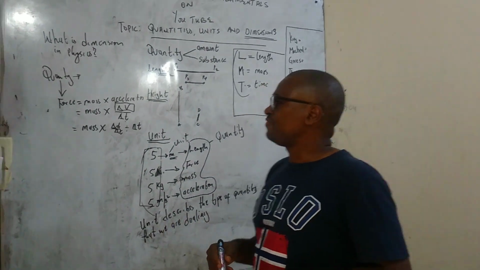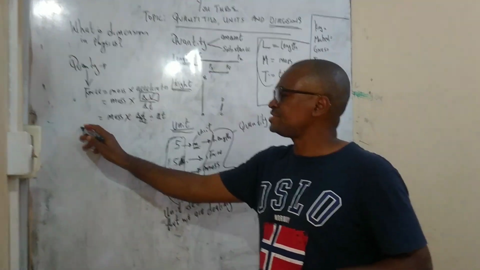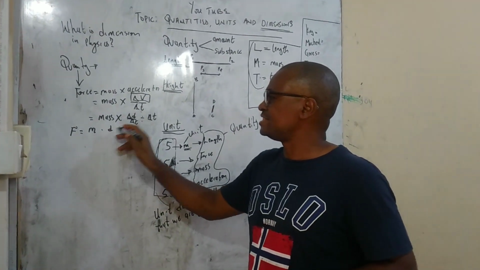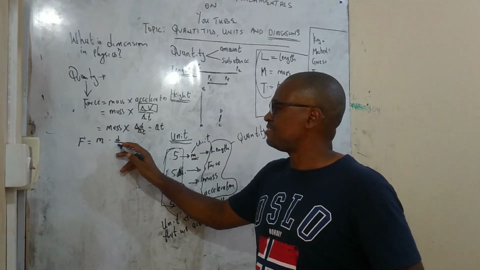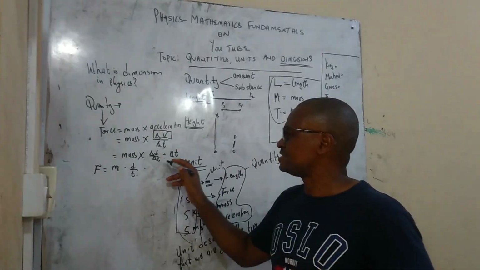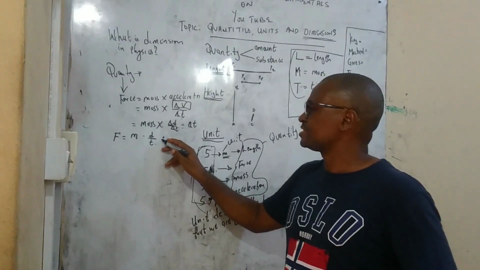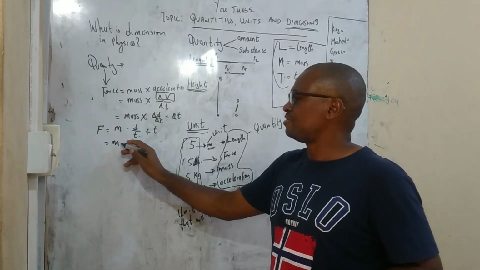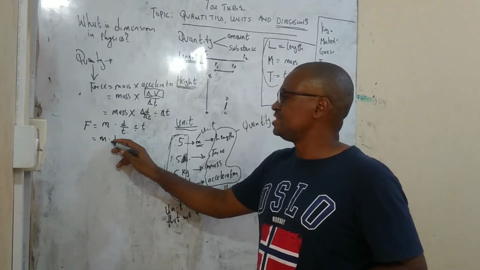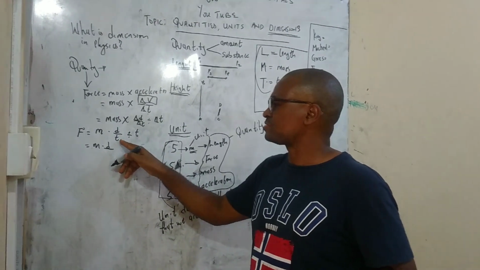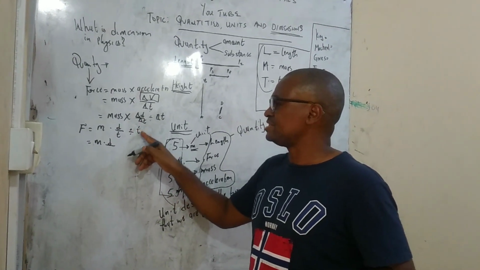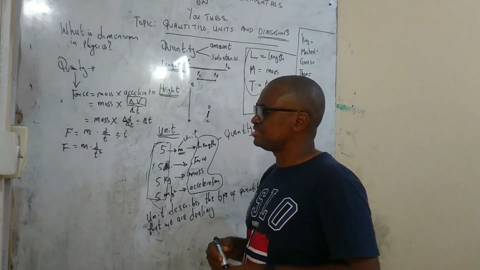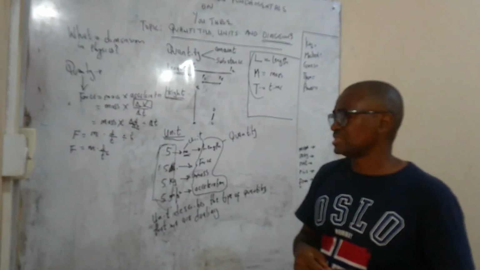So if I want to find F, I can write this as F is equal to m times d, the change in d, divided by t, the change in t, then times 1 divided by this other t. And then from the law of indices, this particular t divided by this t actually means t raised to power 2, if you are so good in the indices in mathematics.